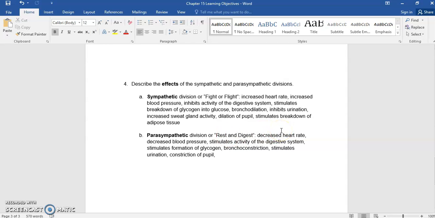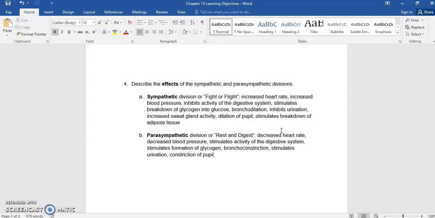Generally, whenever we're scared, exercising, or stressed out, our sympathetic motor neurons will be sending more nerve impulses to our effector organs, so to our heart, to our lungs, to our pupils, to our cells of the body. So this is the fight or flight thing. It's getting us prepared for action.